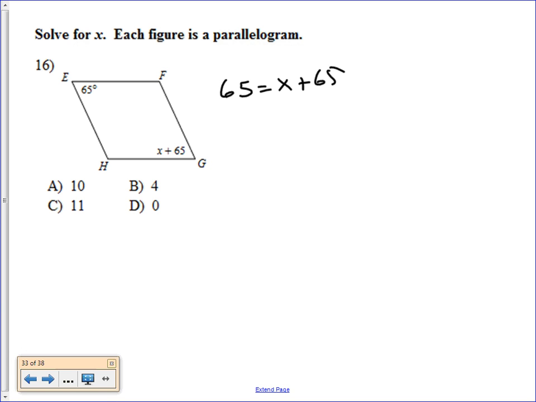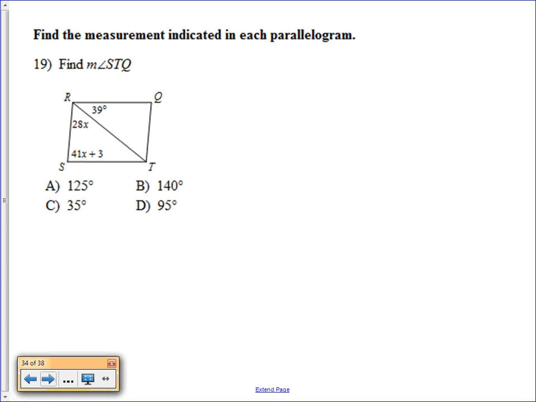If it was consecutive angles, these two have to be equal to 180. But the opposite angles are equal to each other. So x has to be 0 right there, because you want those to be equal to each other. x plus 65, the only way that works is if that's a 0. 0 plus 65 gives me 65. Kind of a strange question.